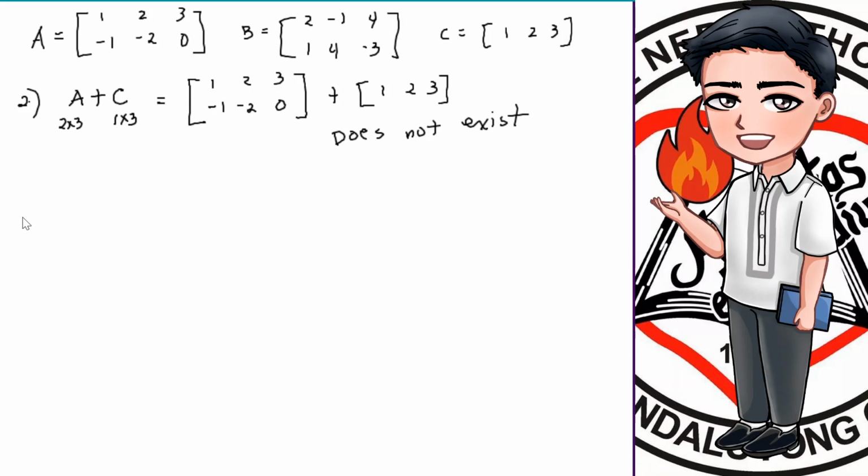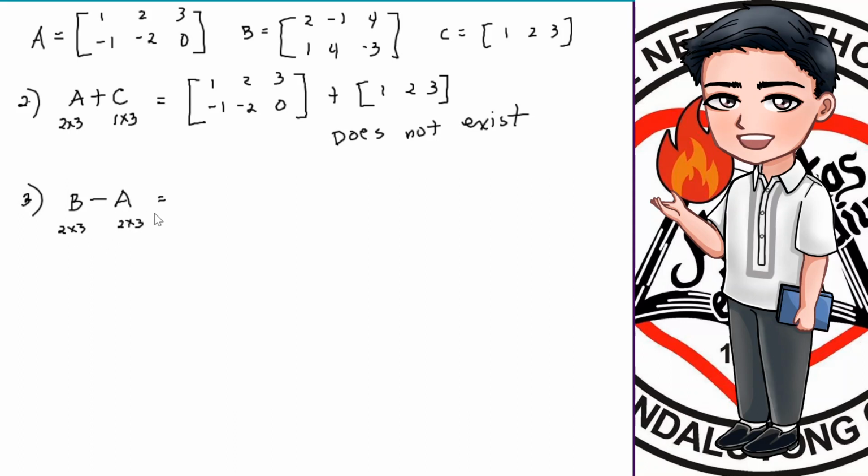How about example number 3? Let's say B minus A. In our previous example, we know that matrix B is 2 by 3 and matrix A is 2 by 3.